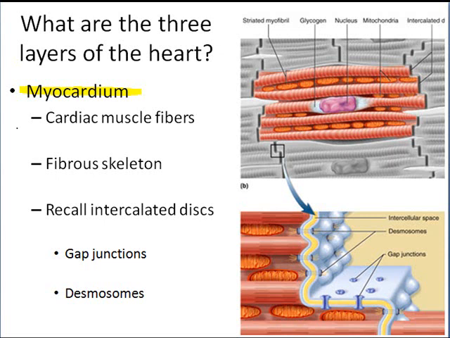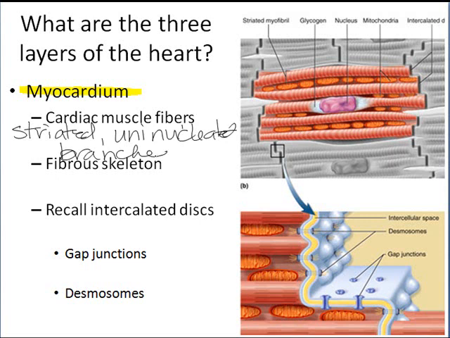One, they're striated. Two, they're uninucleated. Three, they have this kind of branched appearance to them, as you can see in this picture here. They're not long and thin like you see with skeletal muscle. They're not tapered at both ends like a football, as in smooth muscle cells. They have their own unique form to them.